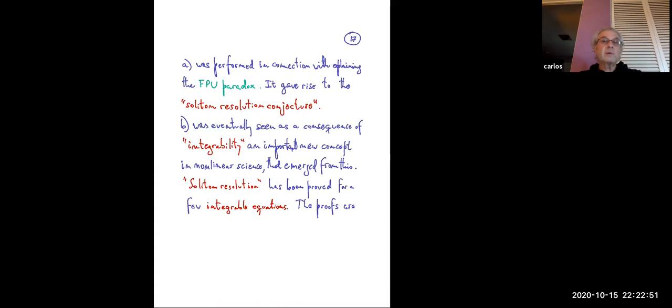So these two numerical experiments, of Fermi-Pasta-Ulam and then Kruskal and Zabusky, led to a lot of important consequences.